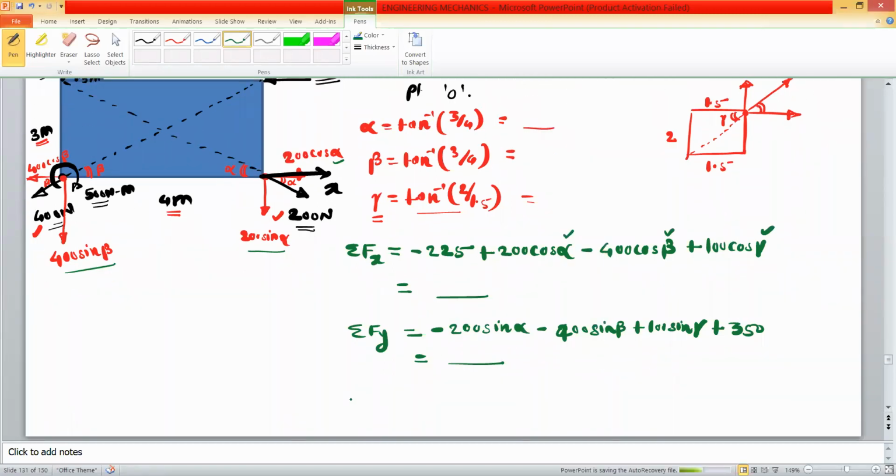Okay, and then find out the resultant. R is equal to square root summation fx square plus summation fy square.